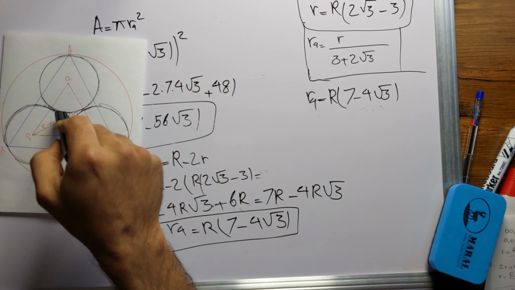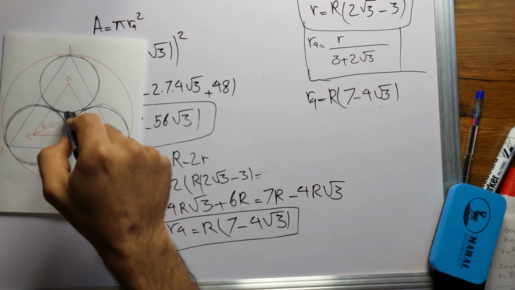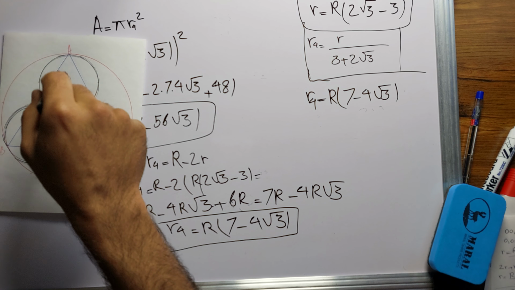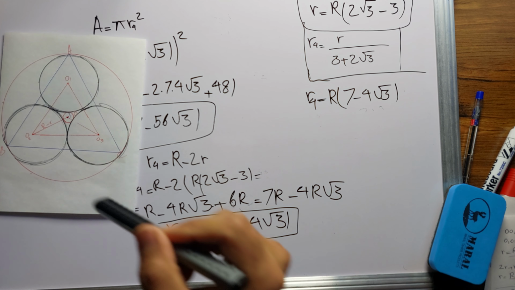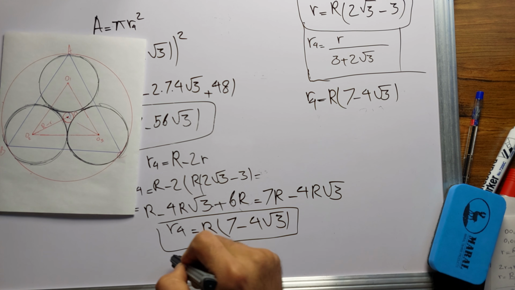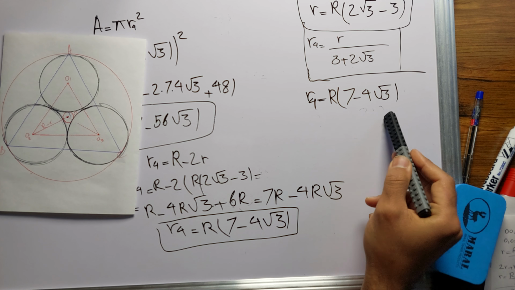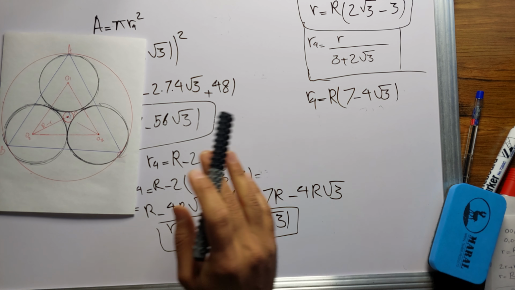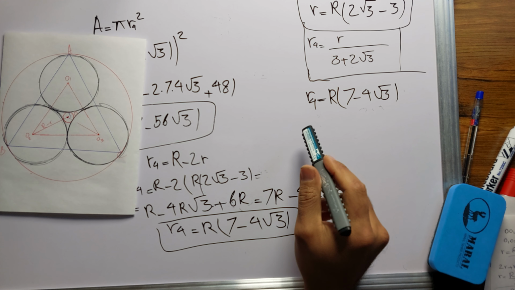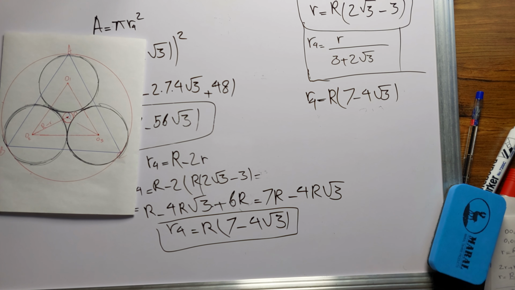So one could say just this, the radius of the inner Soddy circle equals the radius of the big circle minus the diameter of this circle. Then the approach was the same. So we could find the radius of the inner Soddy circle much faster because we obviated the need for going for this Descartes theorem and approach.